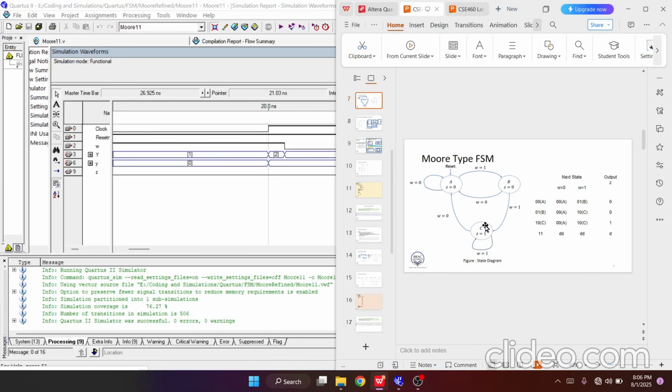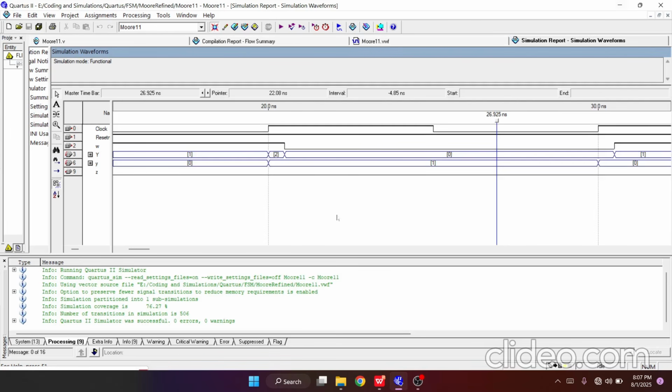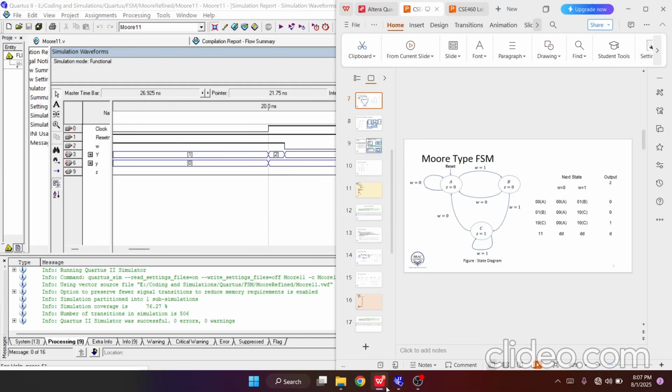Your next state should be evaluated as capital Y equal 2. So here this is why the capital Y is 2, but this is not your present state.